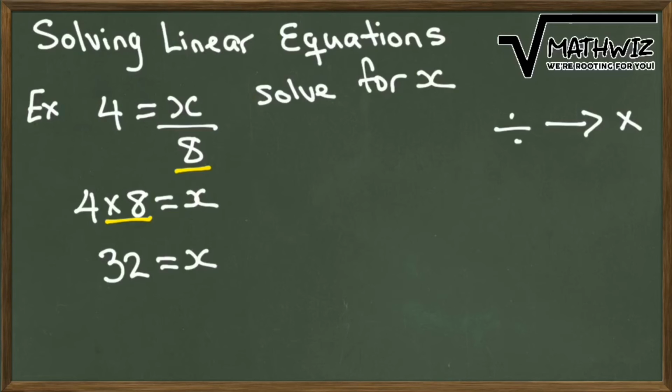Okay, so I would like for you to try to go ahead and solve. So you can go ahead, pause the video, try to work it on your own, and then when you're finished, press play to see the solution.